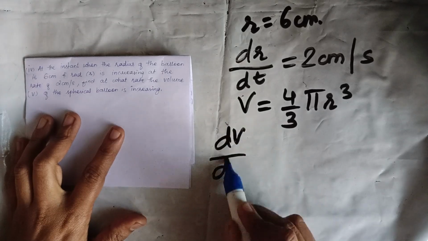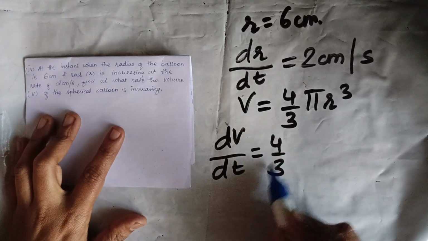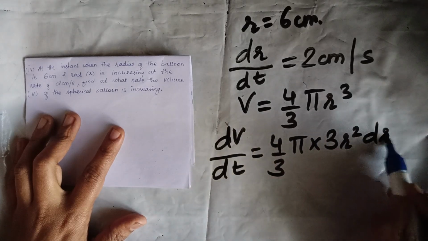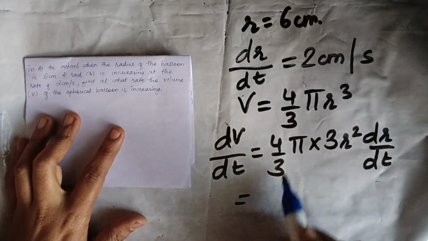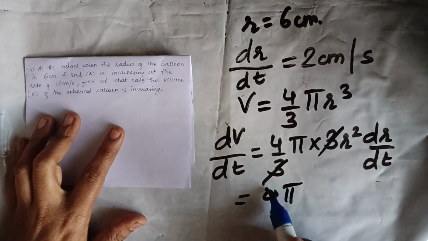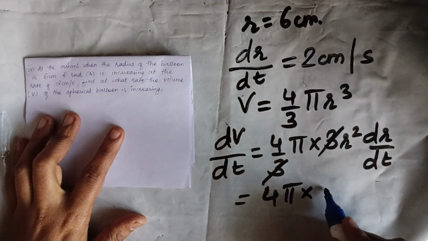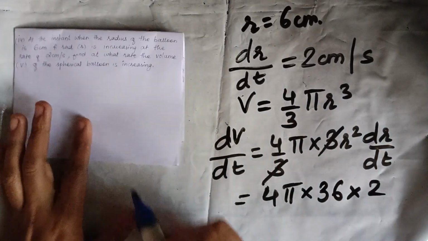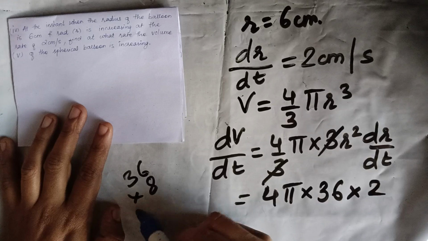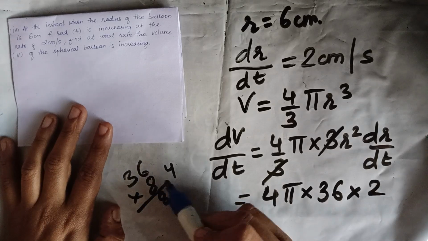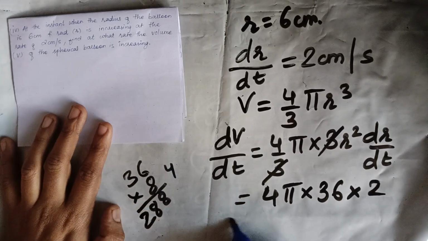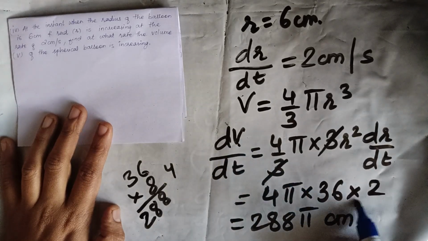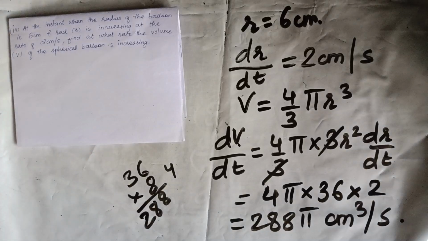So dV by dt is 4π r² dr by dt. Substitute values: r² is 6², 36, dr by dt is 2. So this is 4 into 36 into 2, which is 288π volume, so centimeter cube per second.